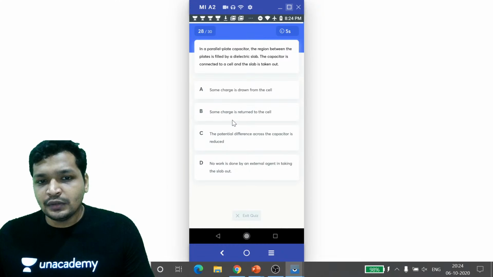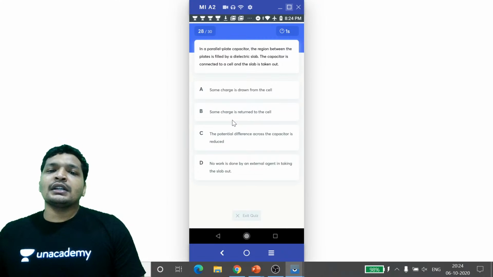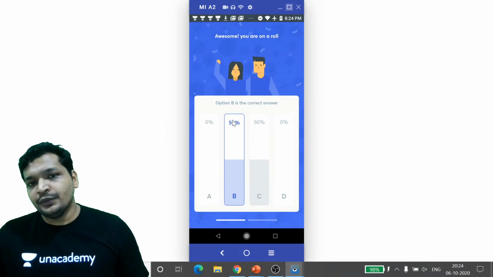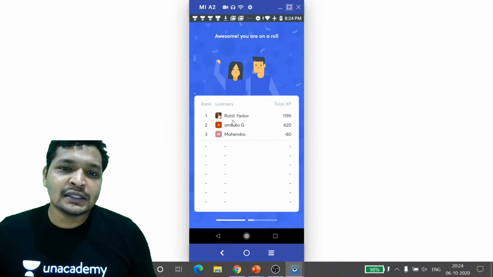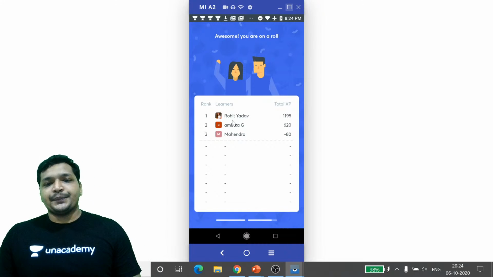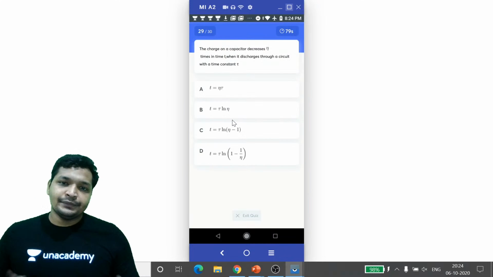Okay, so C is wrong. Work is done. Is charge returned to the cell or is charge drawn from the cell? Potential remains same, capacitance decreased, hence charge will decrease. Right? Charge decreases means some charges are given back.